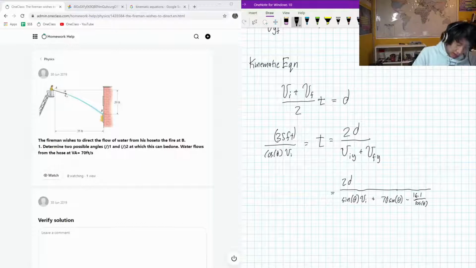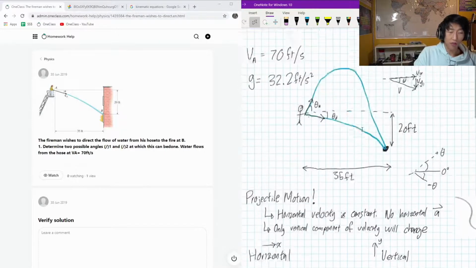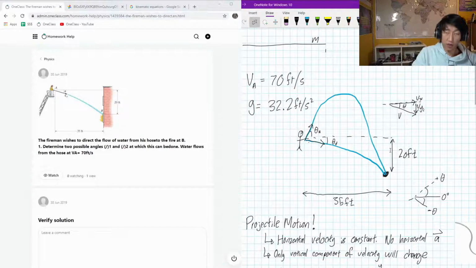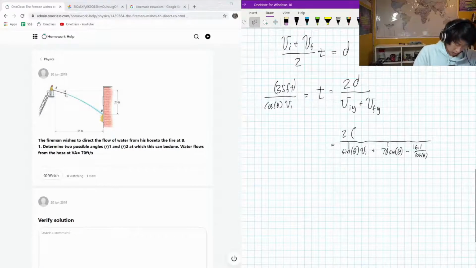Okay, and instead of d over here, we can sub in that number. We know that d, which is the vertical distance, because that was corresponding to the vertical component of it, that's going to be 20 feet. Okay, and 35 divided by 70, that's going to be 2 on the bottom, because Vi is 70 meters per second.